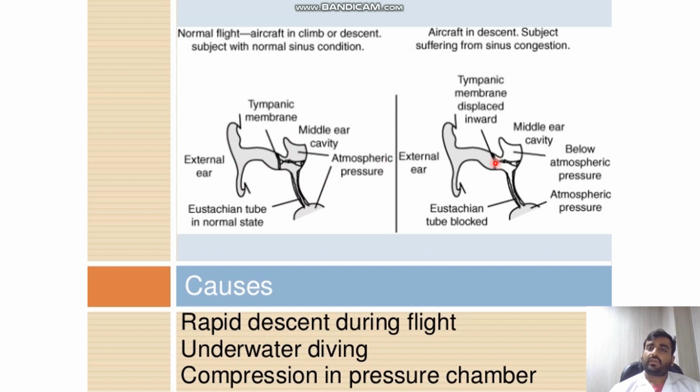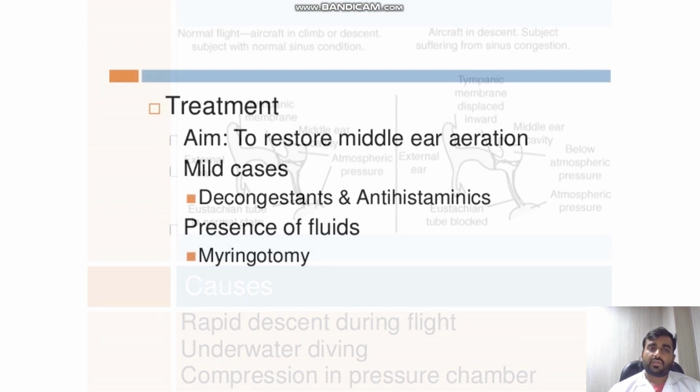But if the aircraft is descending and the subject has any allergic or sinus condition, there is a blockage of the Eustachian tube and the tympanic membrane is displaced inward. Then there are high chances of developing otitis media with effusion, with inner ear symptoms like vertigo and tinnitus.